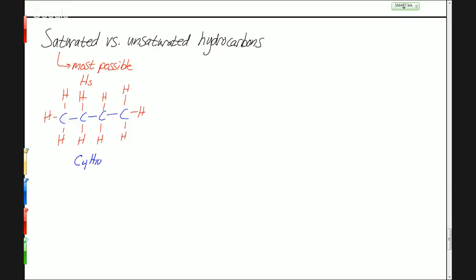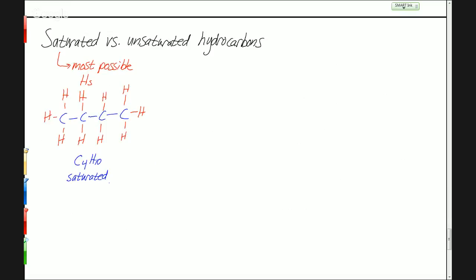That's C4H10, and that is saturated. You can't fit any more hydrogens in that molecule. You can't put them in between the carbons because hydrogen can only have 1 bond, and you can't put them anywhere around the outside because carbon can't have more than 4 bonds. So that's as many as could be there.